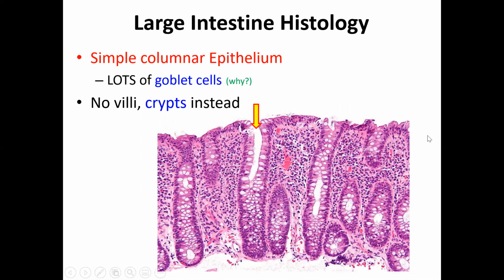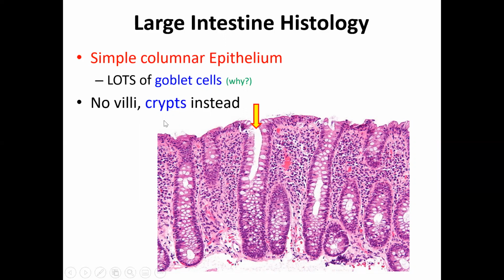Let's look at some histology of the mucosa. Again, we see simple columnar epithelium, just as we saw in the stomach and the small intestine. But instead of creating villi that go up, we have invaginations that go down, just like the pits, but smaller, less deep and less wide.